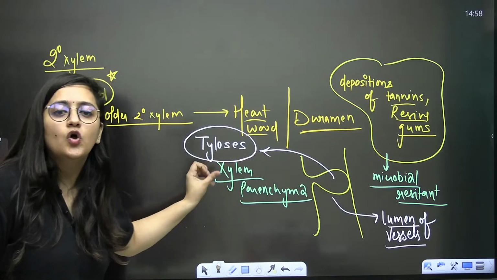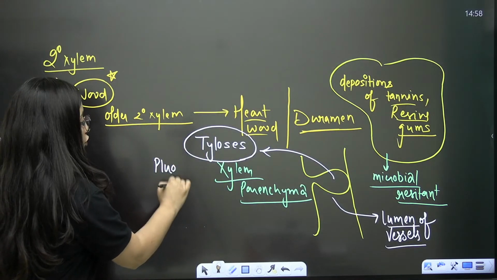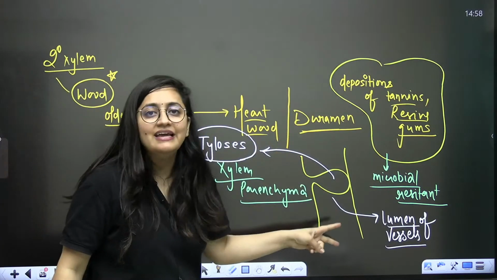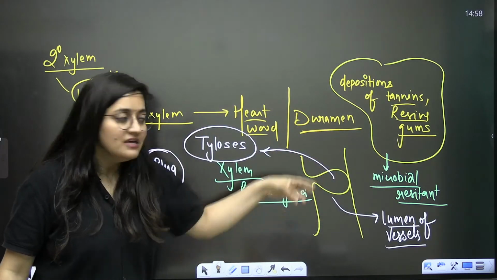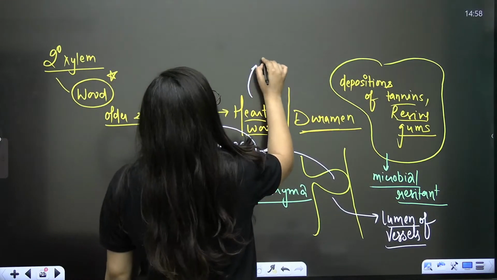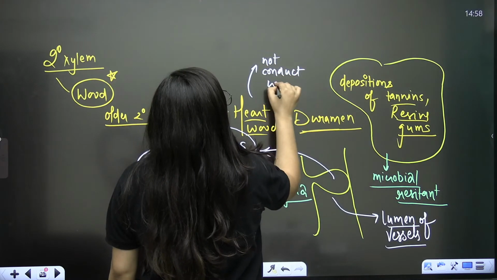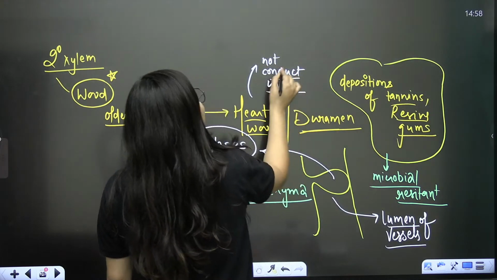These are the tyloses, acting like a plug. So obviously they will inhibit the water transportation there. They will not allow water conduction there. So when it is the heartwood, it will not conduct water. It is not meant for water conduction, although it's a heart.